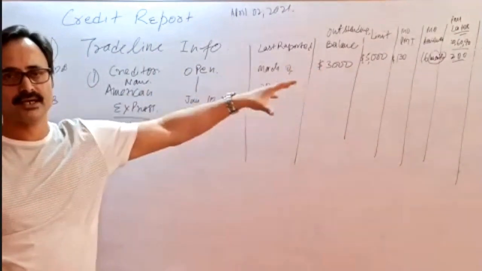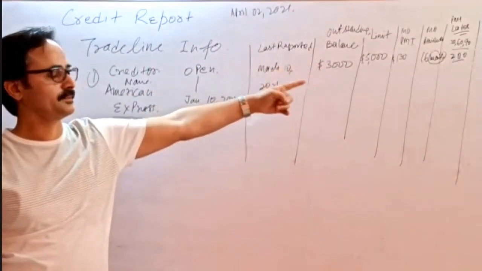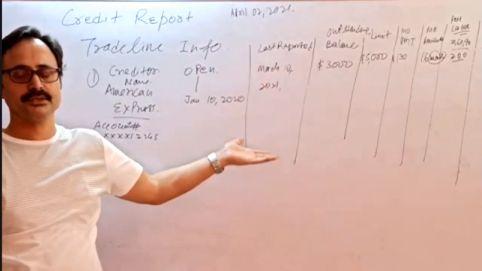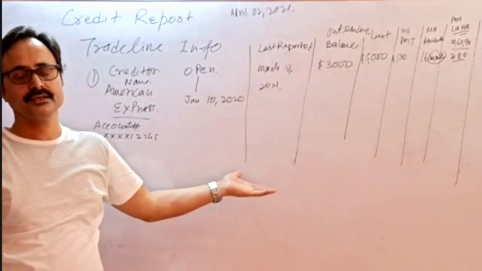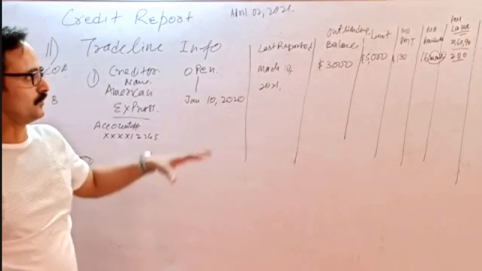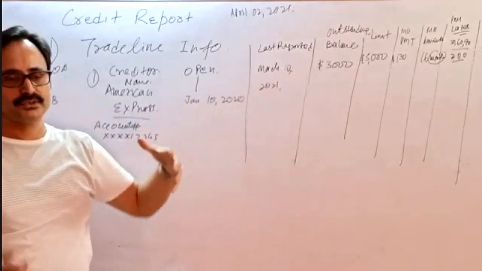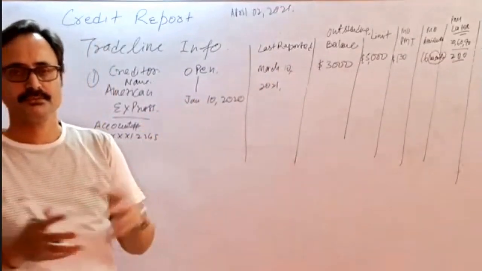If we had asked for a single bureau, then it would be written that this report belongs to Experian, and all the data appearing in Experian, everything available on the Experian side, would be reflected here. But now we are asking for the tri-merge, so they have provided the tri-merge report, the duplicates have been removed and everything has been merged together.